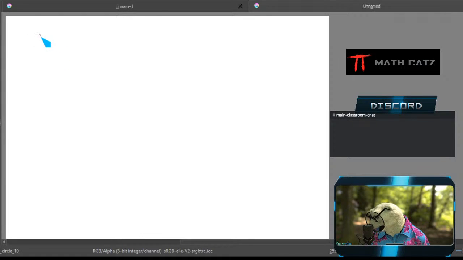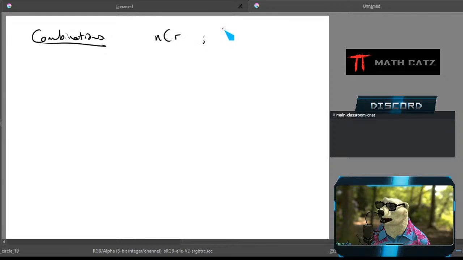Combinations. How do you want to write them? nCr? Or maybe the more correct bracket notation? That's pretty much the two of them, right?